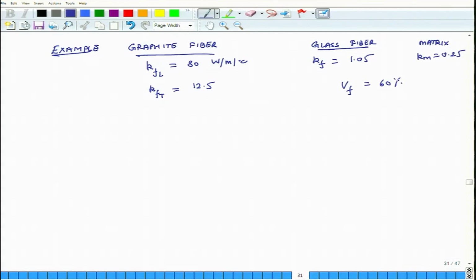So, we compute different conductivities for glass composite and graphite fiber based composite. So, first let us look at glass fiber, glass based composite, okay, glass based composite.